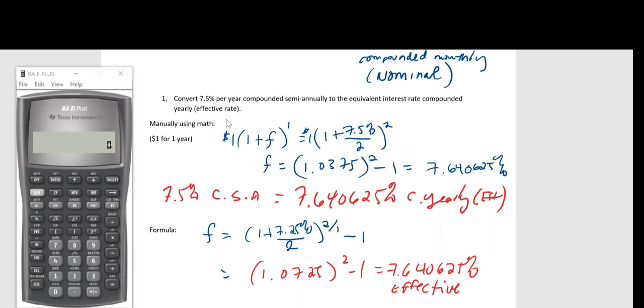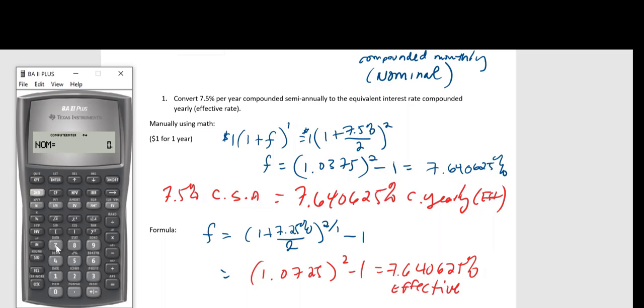If we bring up our calculator, these are the calculator key steps. Second function, interest conversion, clear the menu, second function, clear work. The nominal interest rate is 7.5% per year compounded semi-annually.